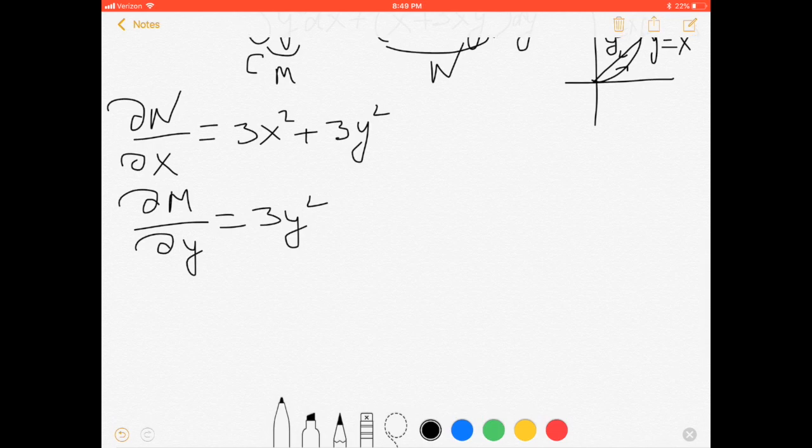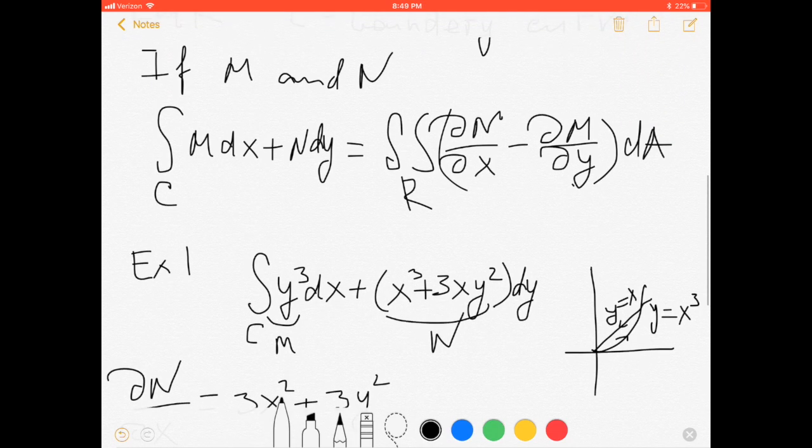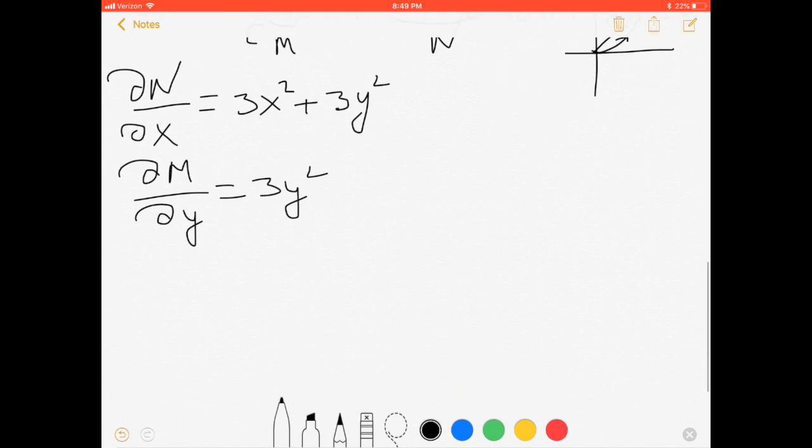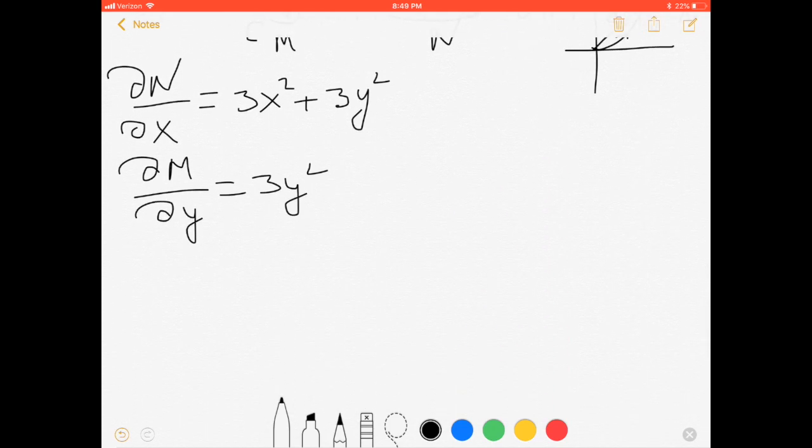And remember how to use Green's theorem. This is the integral when we need counting, integral over this region R. We subtract dN/dx minus dM/dy. The 3y squared cancels, and this means I have 3x squared dA.